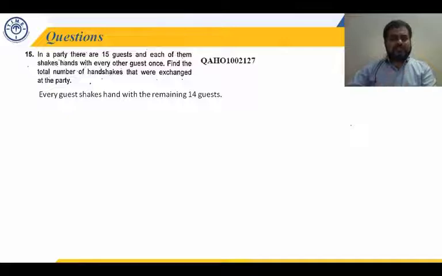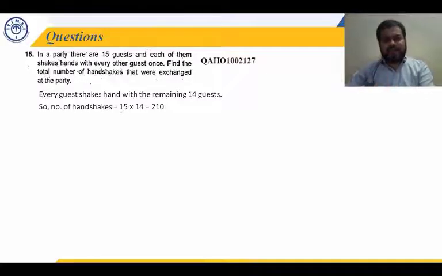Similarly, C will also shake hands with the remaining 14 guests. So, the total number of handshakes will look like 15 into 14, because every guest is shaking hands with 14 other guests and there are 15 such guests. So, this 14 will be added 15 times, which is nothing but 15 into 14, which is 210.